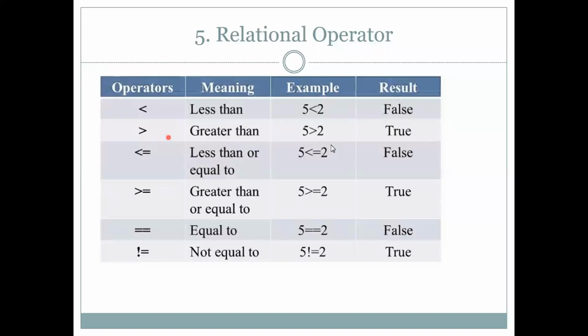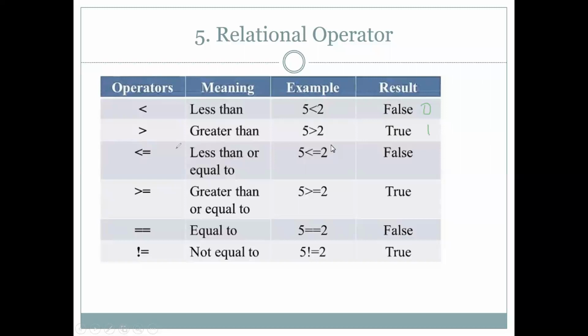It returns zero, meaning false, when the relation is false, and a non-zero value when it is true. So this is less than, greater than. Is 5 less than 2? No, it will return false. False means 0, right? Greater than: is 5 greater than 2? Yes, so it will return 1.